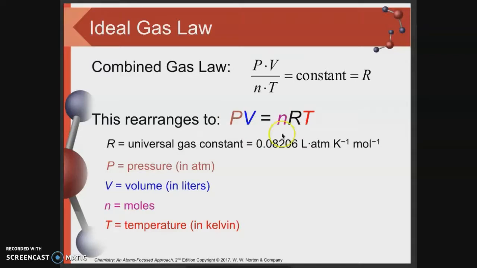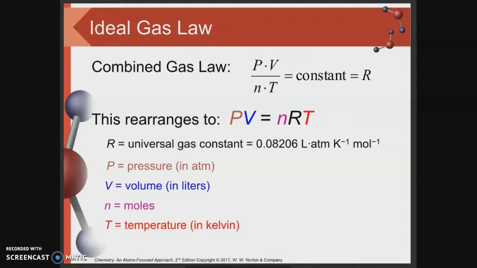So really important, and we'll see that this has a lot of utility in several different types of calculations. In particular, as we'll see in a future video, stoichiometry calculations, where we look at things that are happening in the gas phase and how they are changing over time as the reaction proceeds.